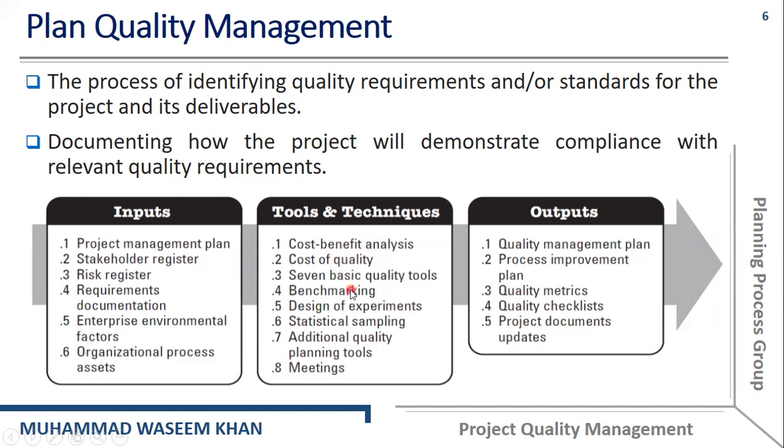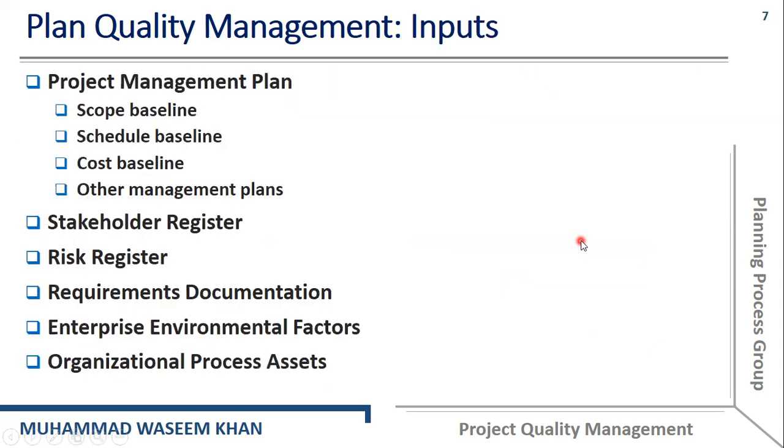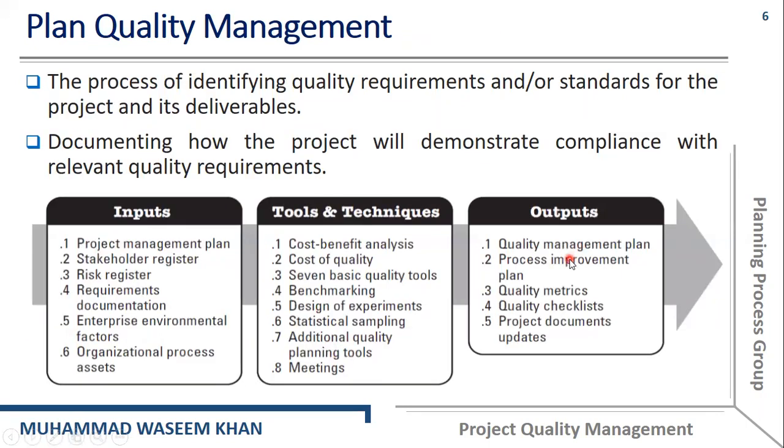It's not necessary to use all of these tools and techniques that you can see on the screen, but we need to identify the tools and techniques from this list, or some other tools and techniques that we can use in a particular project. Then we have the outputs, which include the quality management plan, obviously, the process improvement plan, quality metrics, quality checklist, and project documents updates.